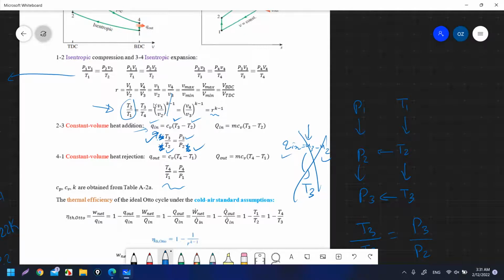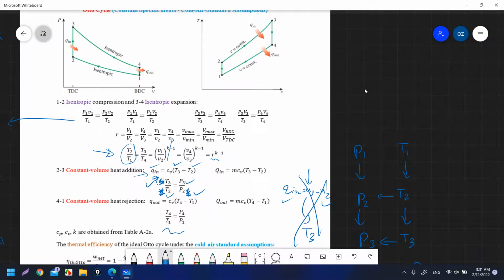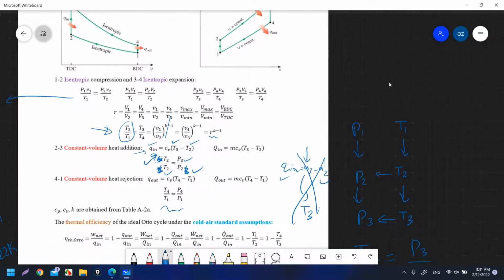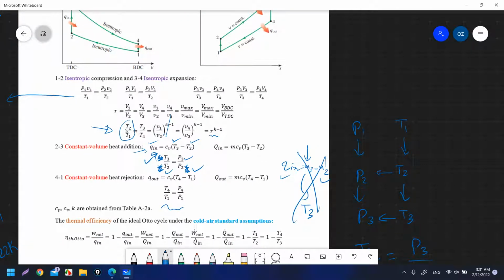We said in variable specific heats we use tables to find temperatures. Here we use the isentropic relations to find the temperatures, in constant specific heats. So for constant specific heats I will use this equation. I have T3, and I want to find T4, and I have r.